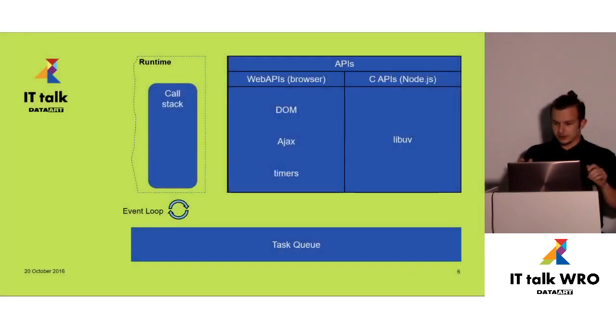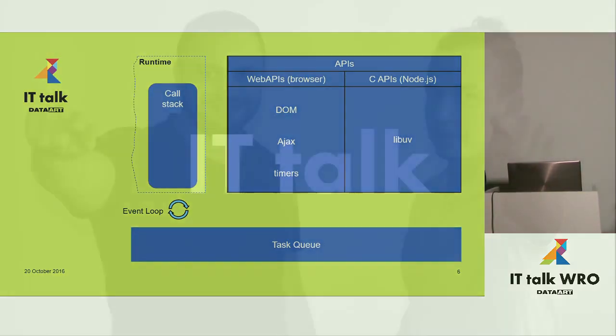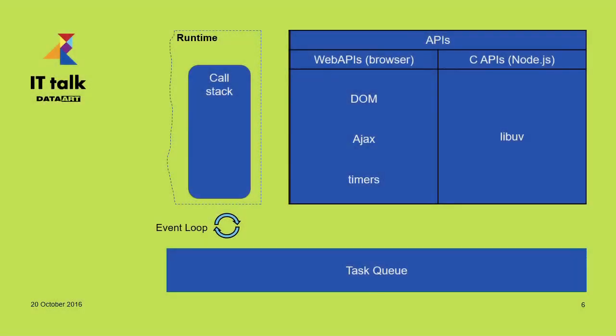So, web APIs. If you go to the W3C specifications, you will find the web APIs for browsers. They define timers like setTimeout, setInterval, setImmediate, only in IE, I guess.